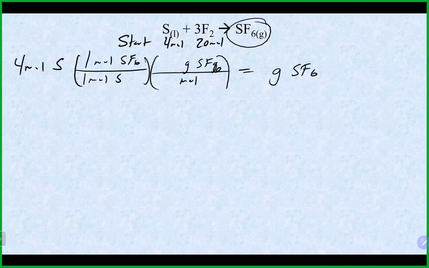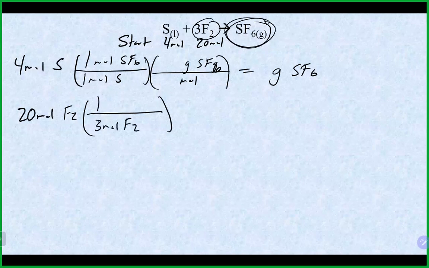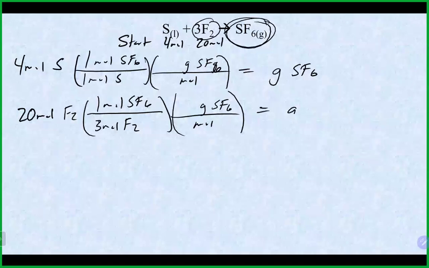You then would do a second calculation starting with the other reactant. Do the mole to mole relationship between the other reactant and the product, which would be 3 moles of F2 to 1 mole of SF6. Also, you can use the molar mass and get the grams of SF6. So the other super popular method of doing these problems is just to do 2 separate calculations.